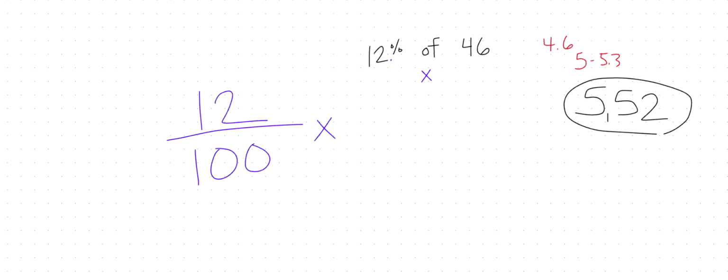How do I make 46 a fraction? By the way, if you don't know any of these smaller skills that we're stringing together to do the big skill, just reach out to me for a lesson and we'll learn all the smaller skills that you need. Okay, 46 over 1 is how you turn a whole number into a fraction.